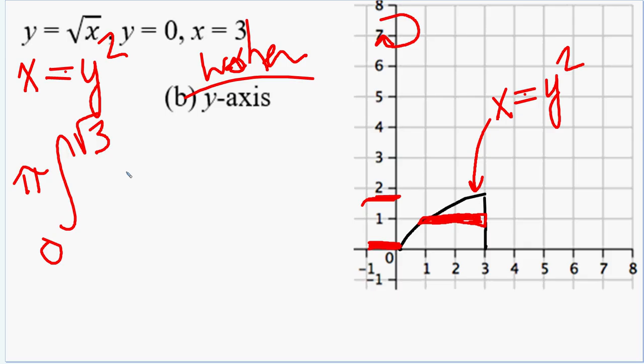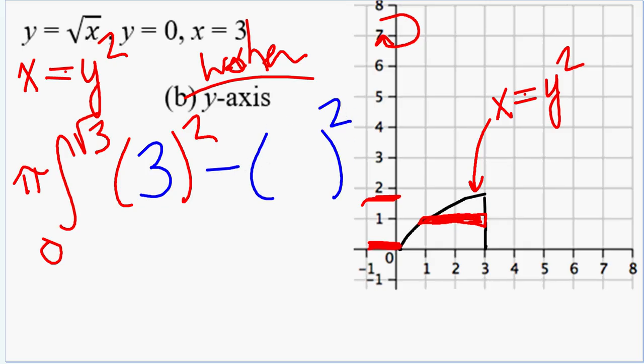Washer. So we need an outer radius that we're going to square. The outer radius is the farthest from the axis of rotation. So here's my axis of rotation. The farthest my rectangle ever will be away from that is right here at that consistent line of 3. So that's our outer radius, 3. Now minus, we need our inner radius, also quantity squared. The inner radius is the one closest to the axis of rotation.